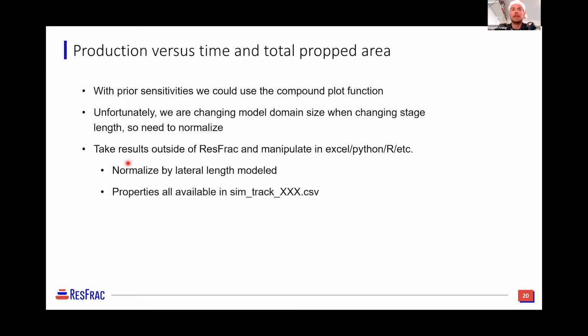And so I recommend taking the results into something like Excel or Python, and then you could take total production and divide by the lateral length to get your barrels per foot or MCF per foot that you are producing, and compare directly on that. Similarly with the propped area, if you divide by lateral length, then you can compare like to like.